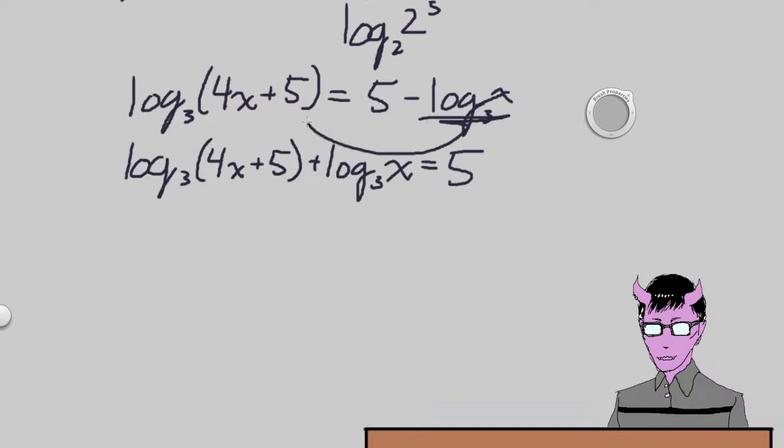So again, we just added this to both sides, and because this log base matches this log base, we can use condensation rules, multiply this argument with that argument inside the log base 3. Here we go. We're going to get 4x squared plus 5x.